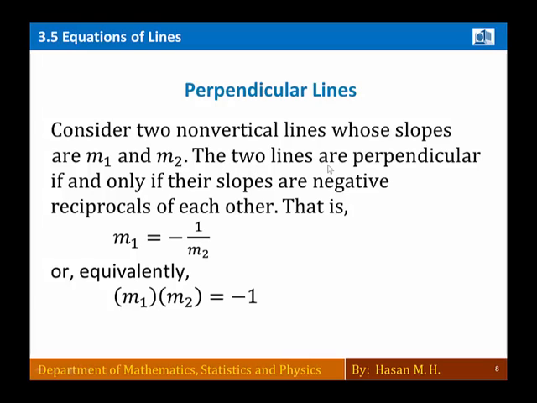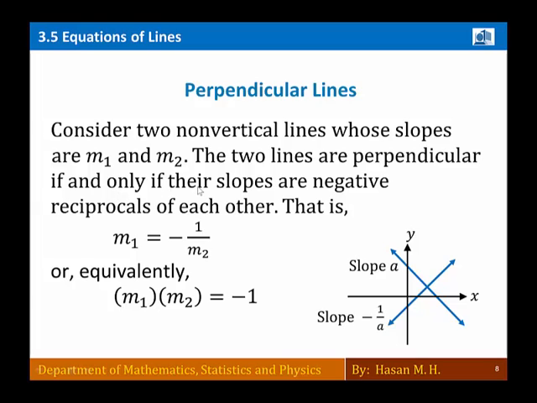The two lines are perpendicular if and only if their slopes are negative reciprocals of each other. That is, m1 equals negative 1 over m2, or equivalently m1 times m2 equals negative 1.